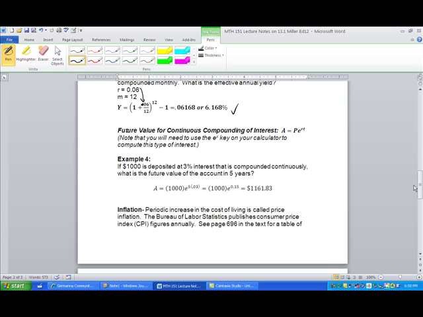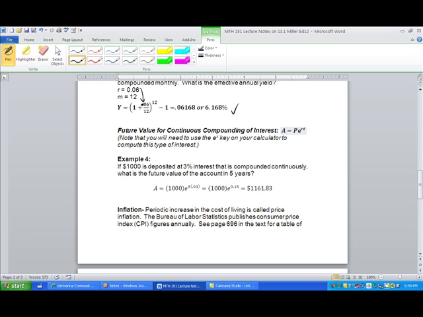If $1,000 is deposited at 3% interest that is compounded continuously, what is the future value of the account in 5 years? So what we want to do is take our principal times E raised to the rate that's given times the time, in this case the time given in number of years. So if we have $1,000, that's our principal, the time is 5 years, the rate is 0.03, so that's 3%.